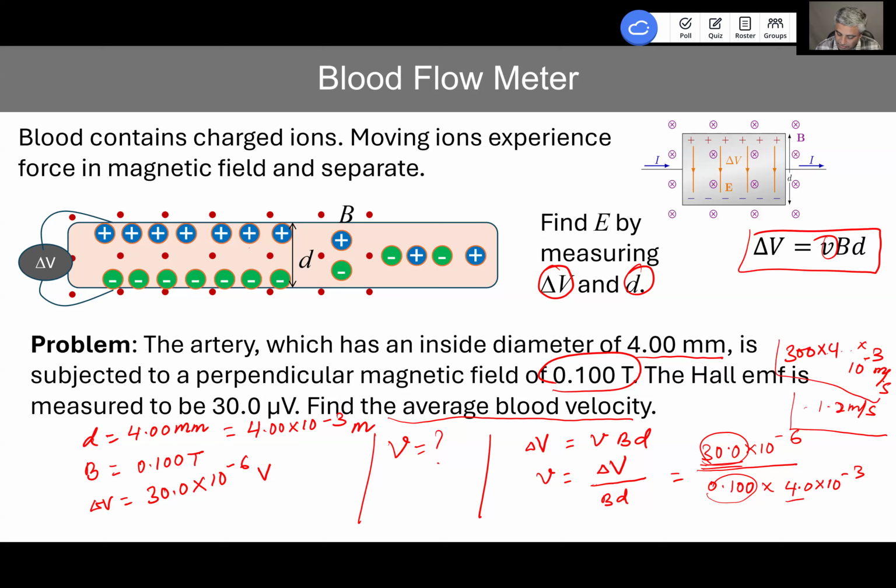Oh, divide, not multiply. Why am I writing multiply? Okay. So it looks like it's going to be 0.7 meters per second. That seems more reasonable. Okay, so that's a blood flow meter.